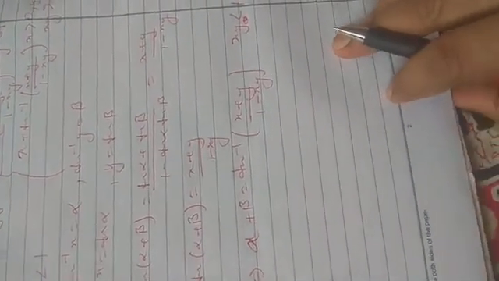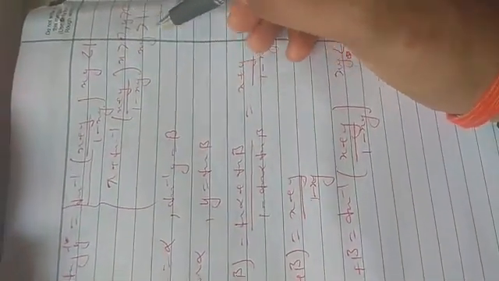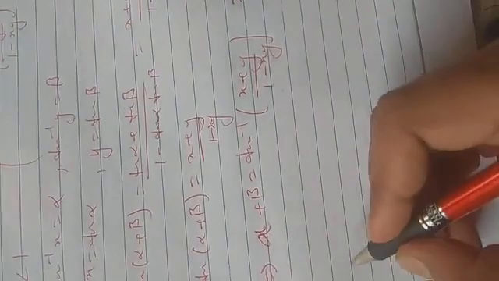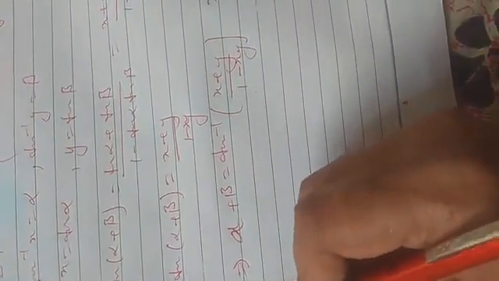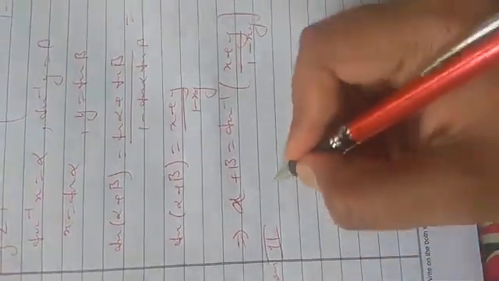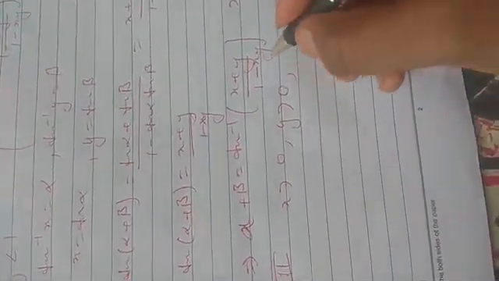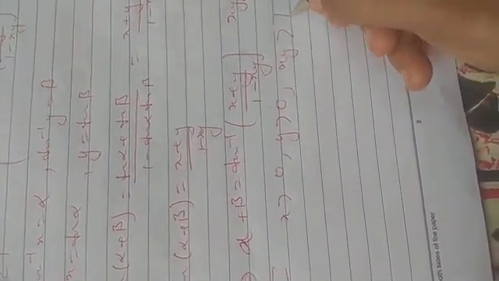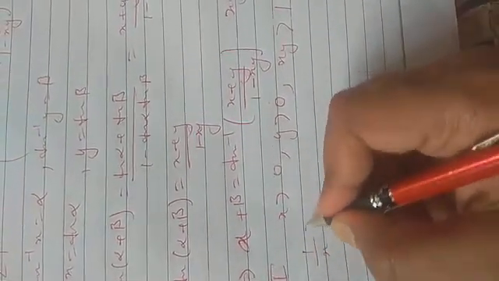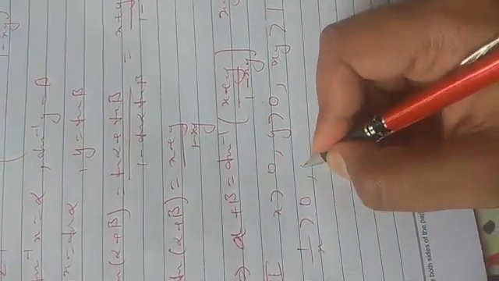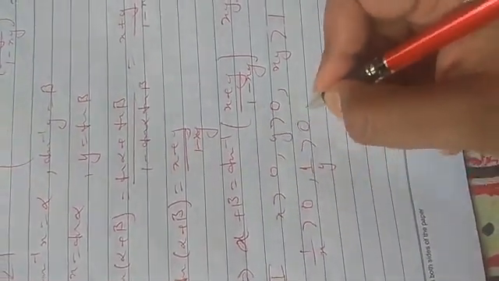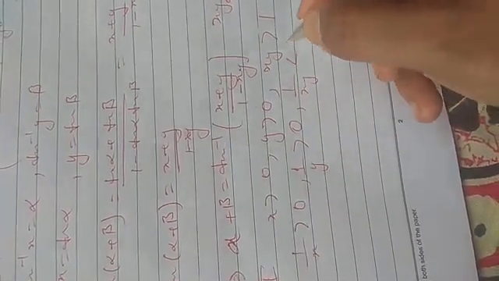Now in the next case, we have x greater than 0, y greater than 0, xy greater than 1. So in case two, x greater than 0, y greater than 0, and xy greater than 1. It means that 1 upon x is greater than 0, 1 upon y is greater than 0, and 1 upon xy is less than 1. Definitely 1 upon xy will be greater than 0 and less than 1.